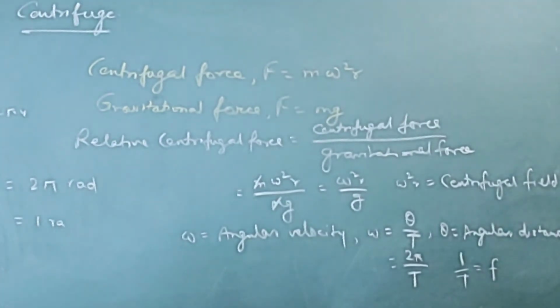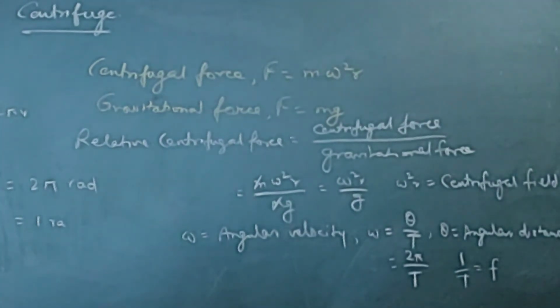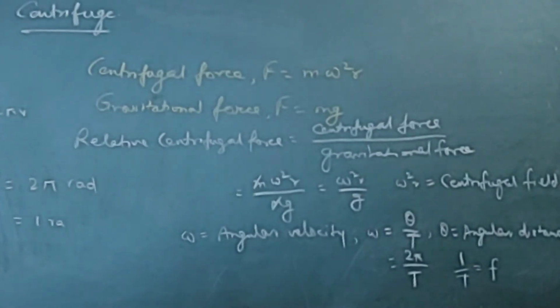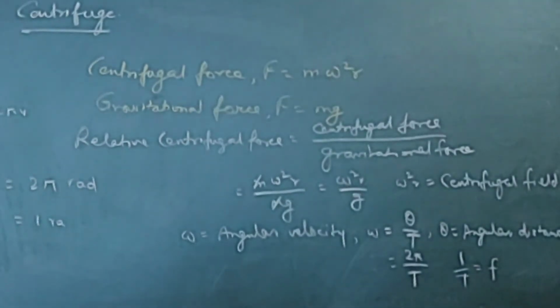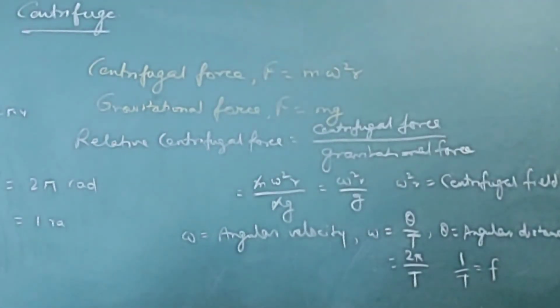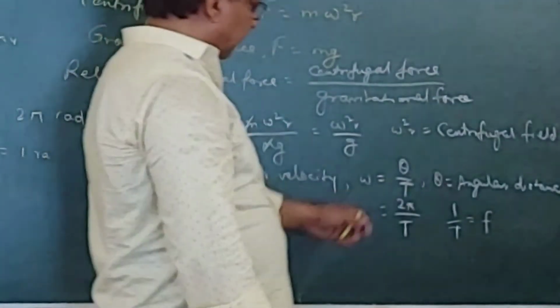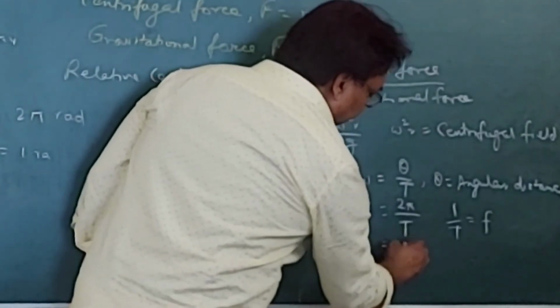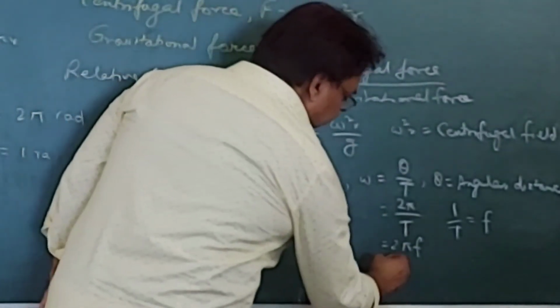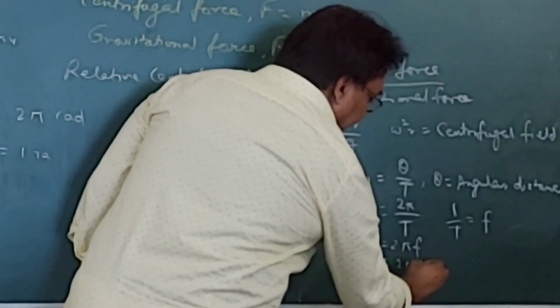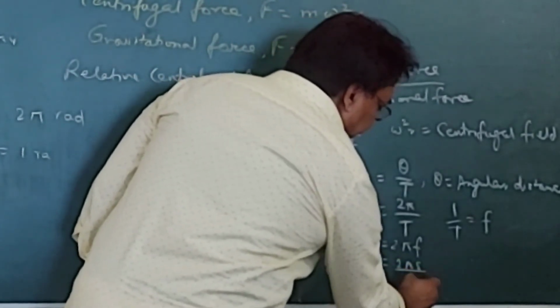How many revolutions? S revolutions. So we can write this as S by 60. F is equal to S by 60. So if you replace this F here, 2 pi over T is equal to 2 pi F. So it becomes 2 pi S by 60.